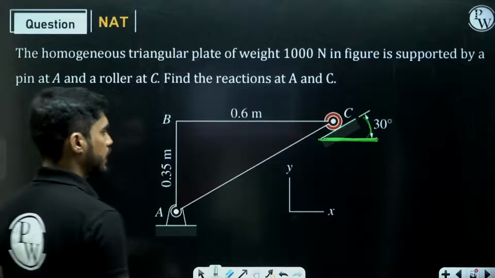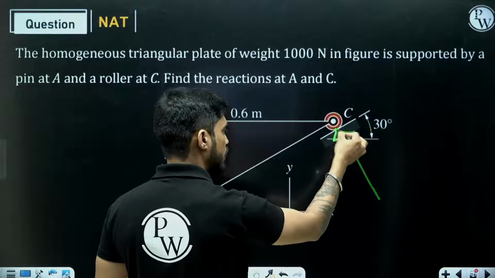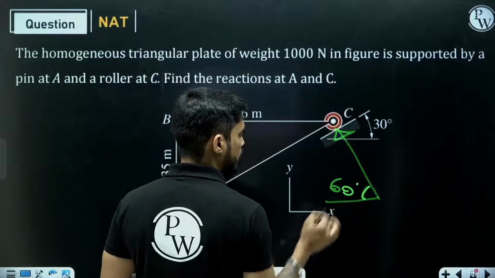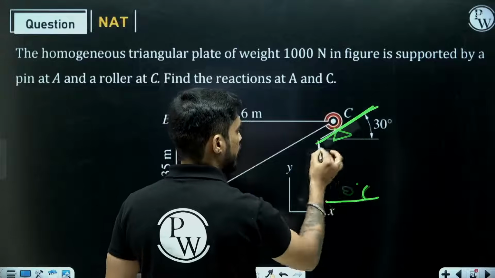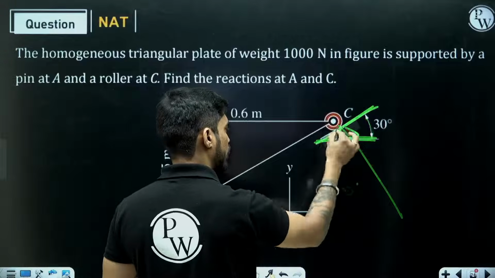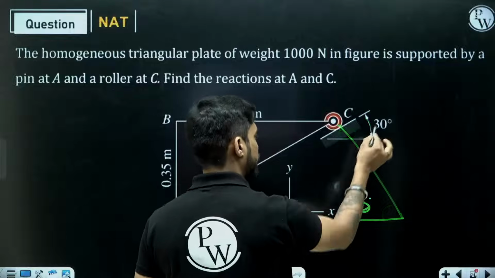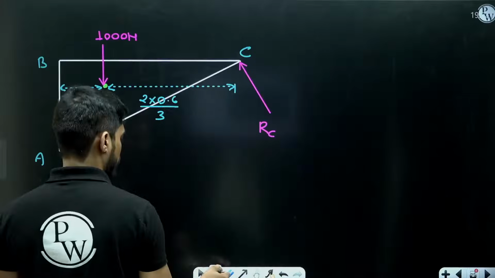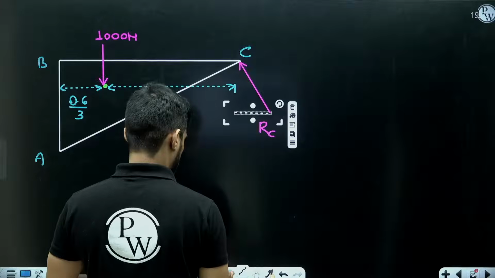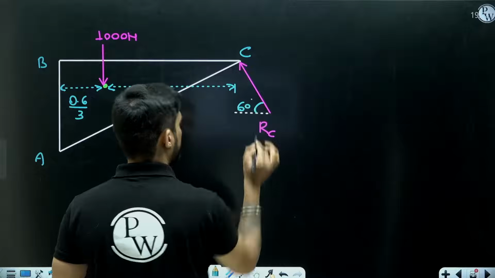The reaction, which is normal to the surface, will make 60° with horizontal. The surface is making 30° with horizontal, so the reaction normal to this surface will make 90 minus 30, 60° with horizontal. So this angle will be 60°.